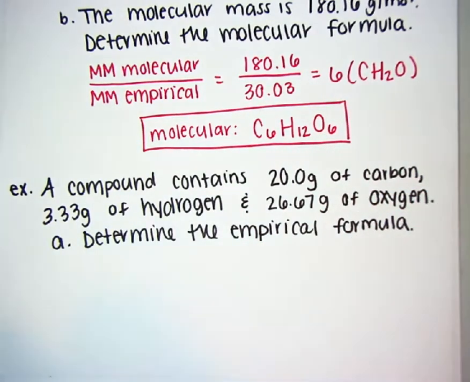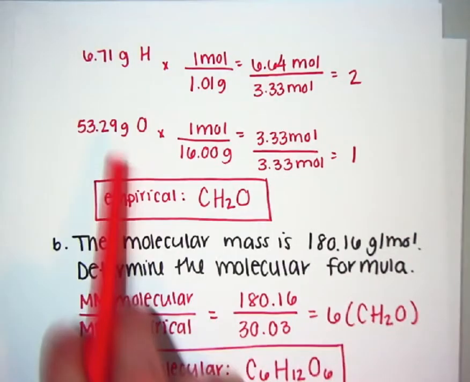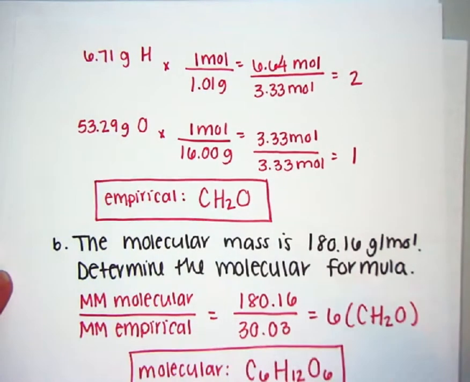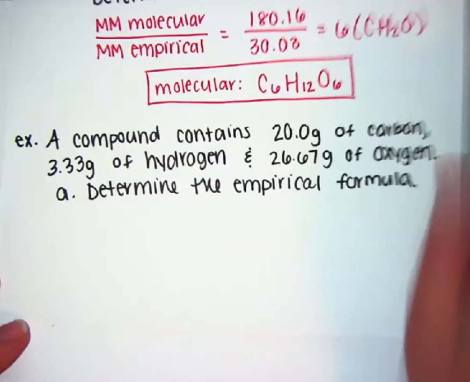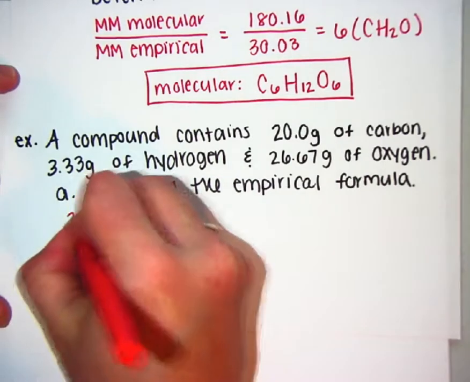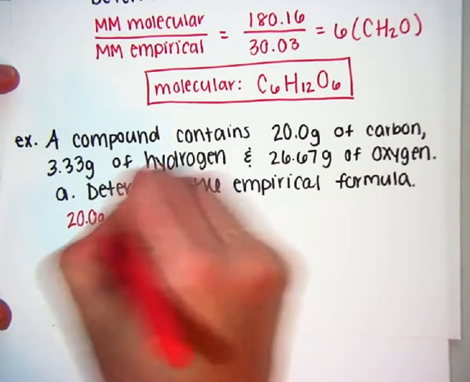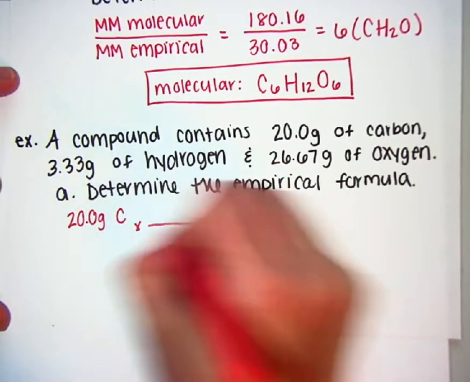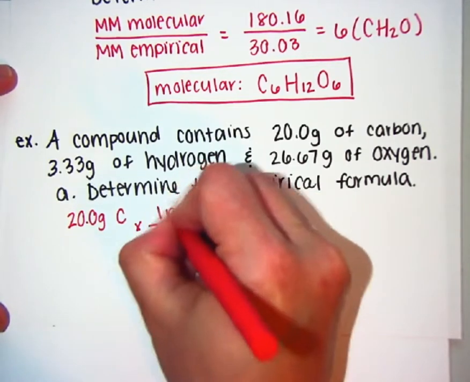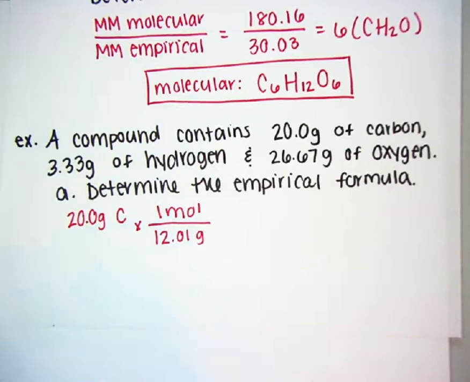This one should be one less thing to think about because we're already given grams. If we're doing a conversion to solve for moles, we need to start with grams. So just start with the number of grams that are given. I have 20 grams of carbon divided by the molar mass of carbon to get to moles.